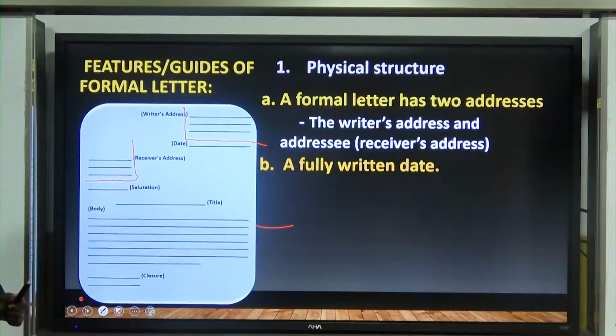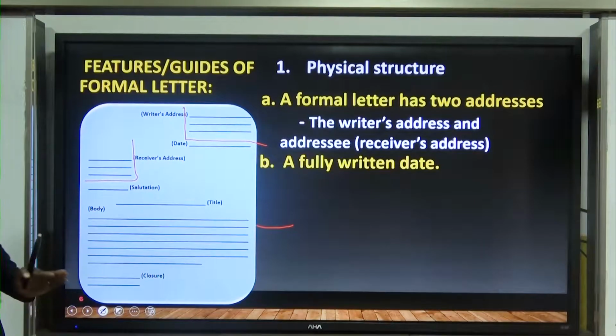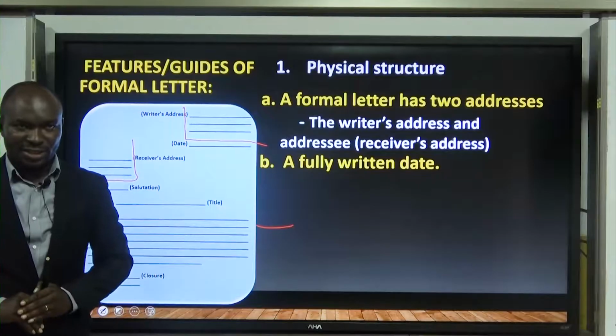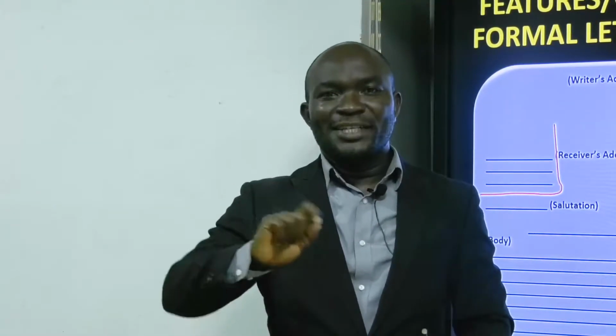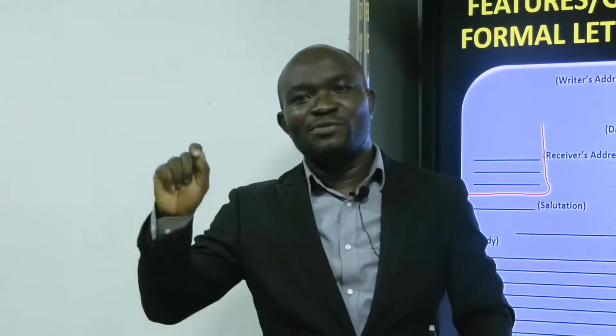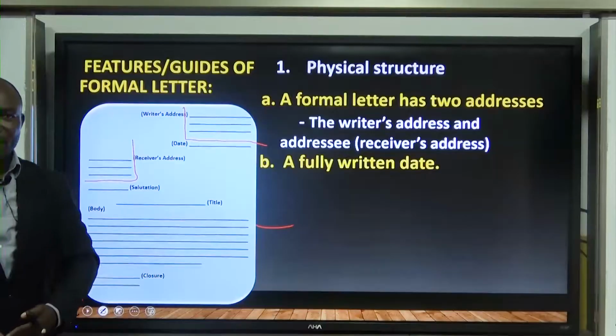Another physical structure you will see in a formal letter is a fully written date. No abbreviation, no 27/11/2020. No, the date has to be written fully.